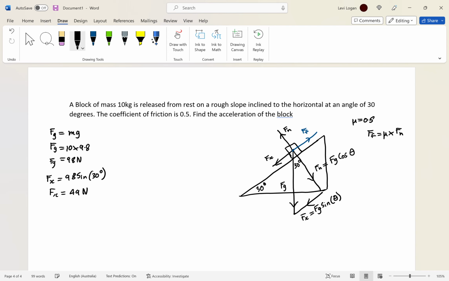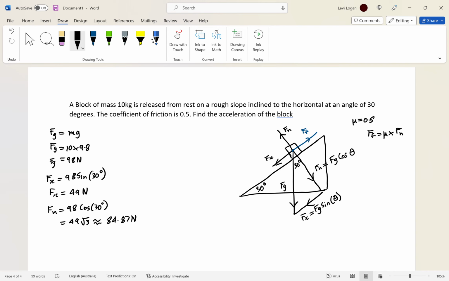Sorry, our normal force is going to be 98 cos of 30 degrees. So putting that into a calculator, cos of 30 degrees, which is going to be 49 root 3, which is approximately 84.87 newtons. Okay.